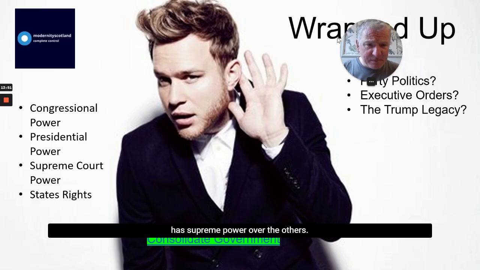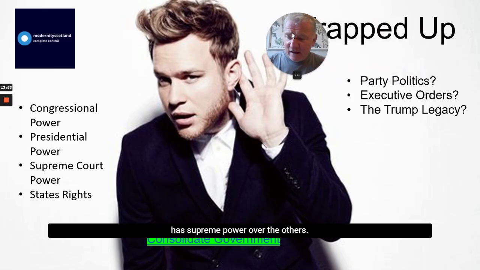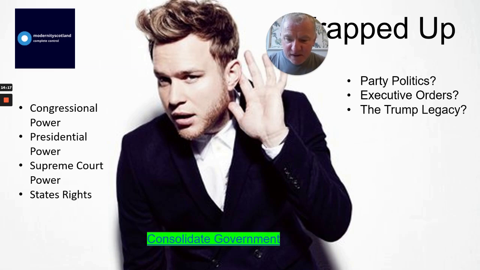Some of the issues which affect the power that any of these branches have often come down to party politics. America at the moment is very divided between Republicans and Democrats. There's not a lot of compromise between the parties, and often voting in Congress becomes a mere numbers game rather than congressmen, congresswomen evaluating bills on their own merits. They vote strictly on party lines.